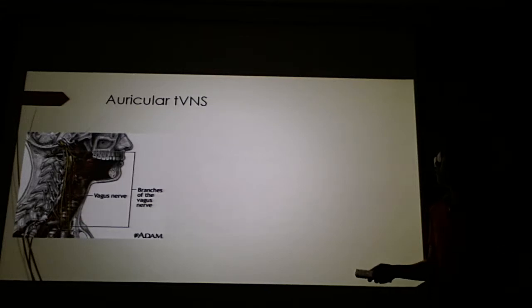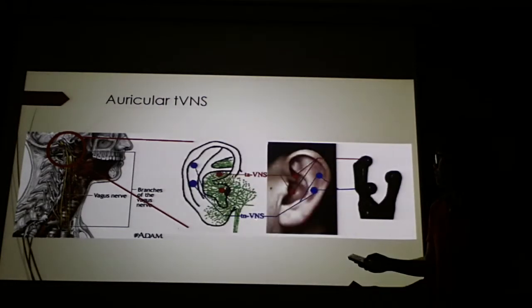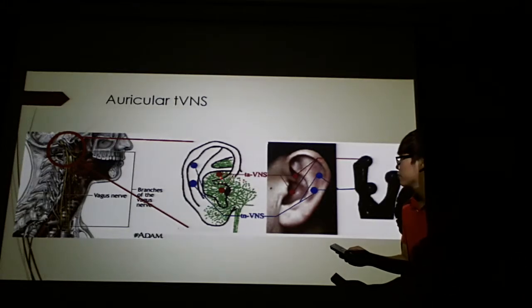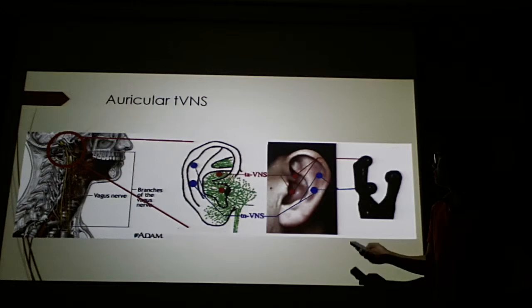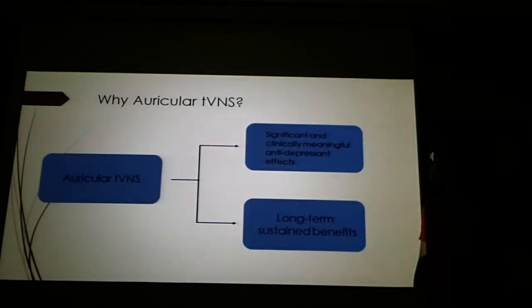This picture is the distribution of the vagus nerve in our body, and this is the ear part of the vagus nerve. And this green tree-ish thing is the vagus nerve distribution in our ear. We're going to just look at TVNS. These red spots are the spots we're going to stimulate during the experiment.